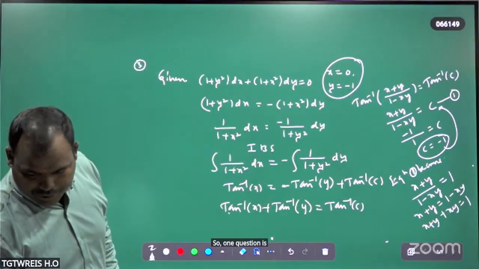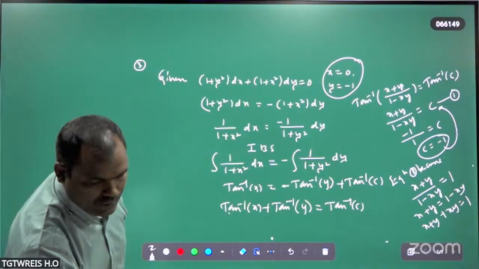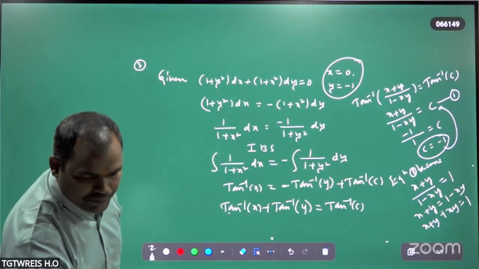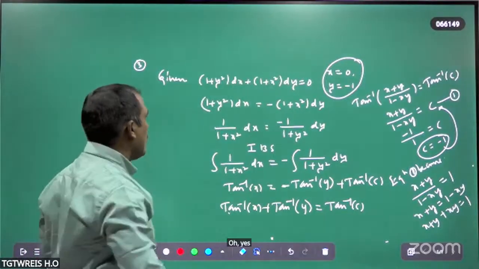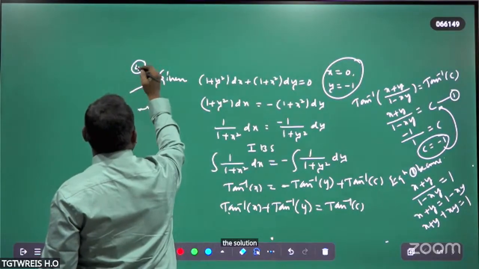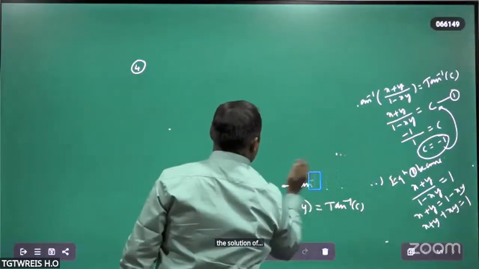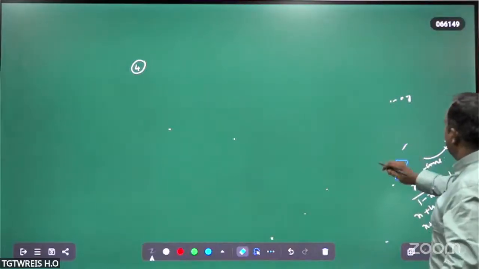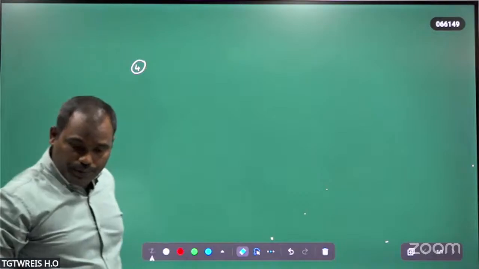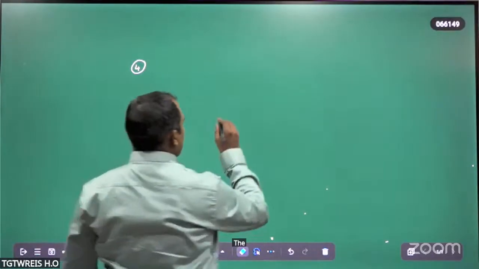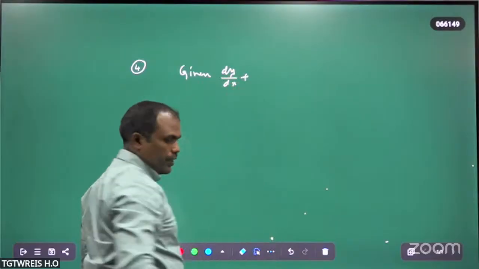One more question based on variable separable.